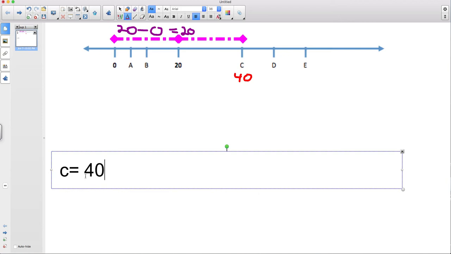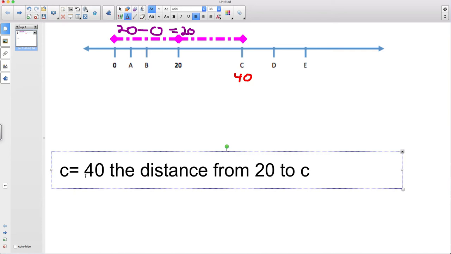And your explanation could be the distance from 20 to C is equal to 20. And you can prove that on the number line. Feel free to mark up this line as much as you'd like. You can even put numbers that I'm not asking for, and if it comes up, I'll show you where you might actually put extra numbers.